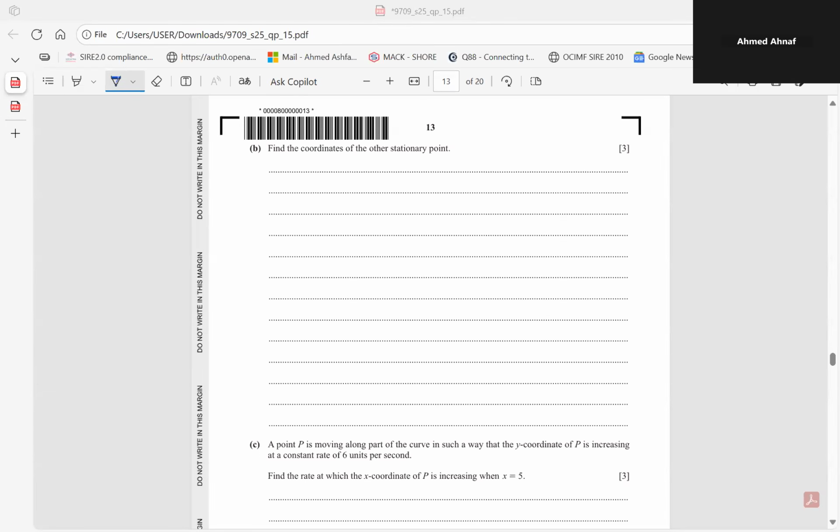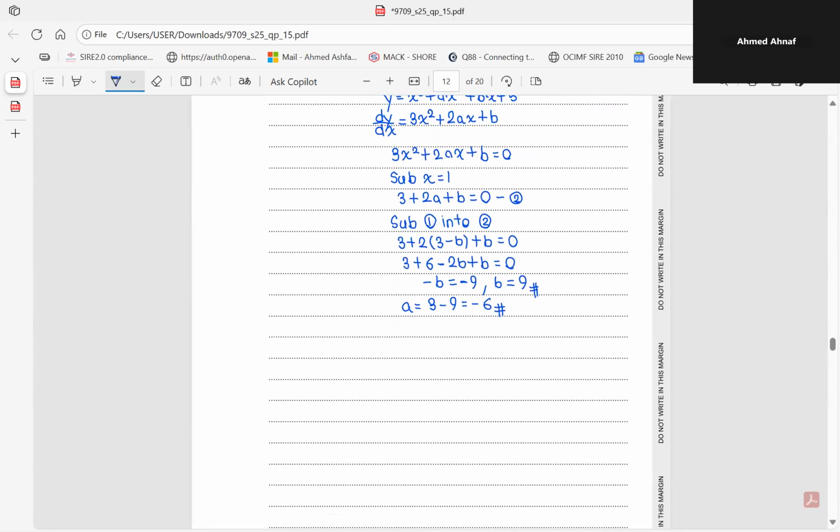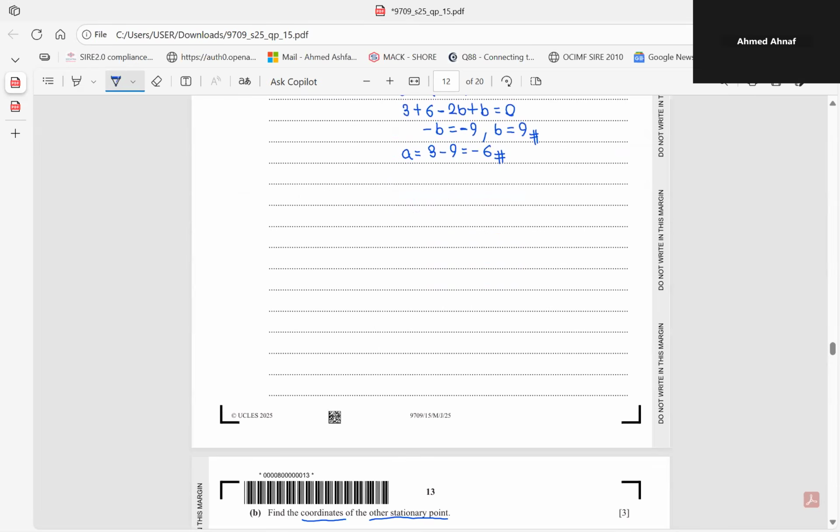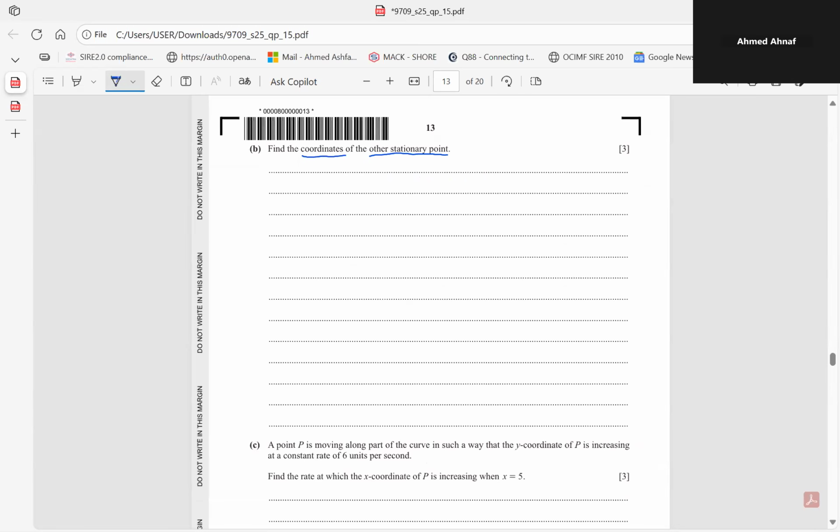Okay, so for this next part, we're going to have to find the coordinates of the other stationary point. To do that, let's take our expression for dy/dx and substitute the values of a and b.